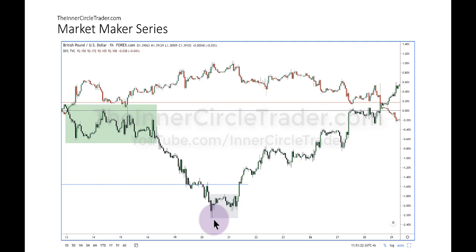You only consider using SMT, which is a divergence between correlated or inversely correlated markets. If you're looking at the dollar index against the pound, or the dollar index versus the euro, or the dollar index versus the Australian, okay, that's a USDX SMT divergence, or dollar SMT.